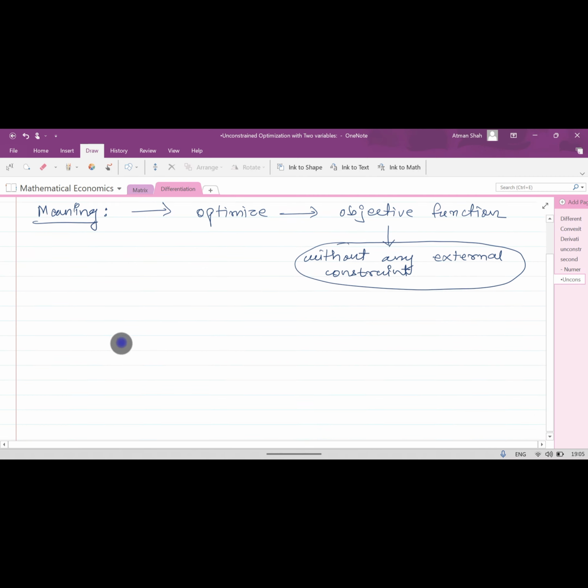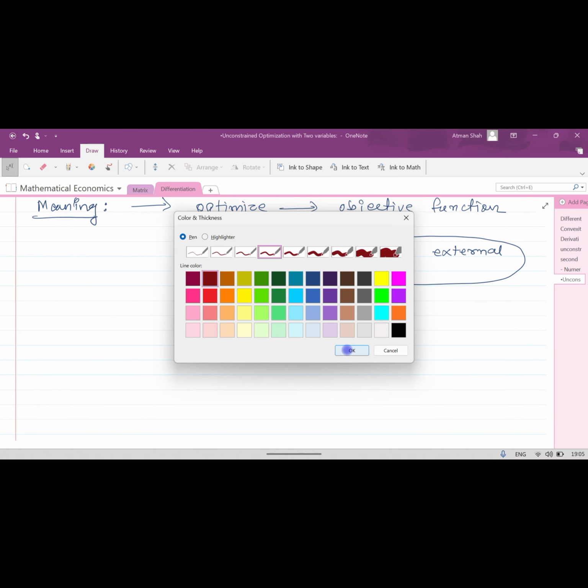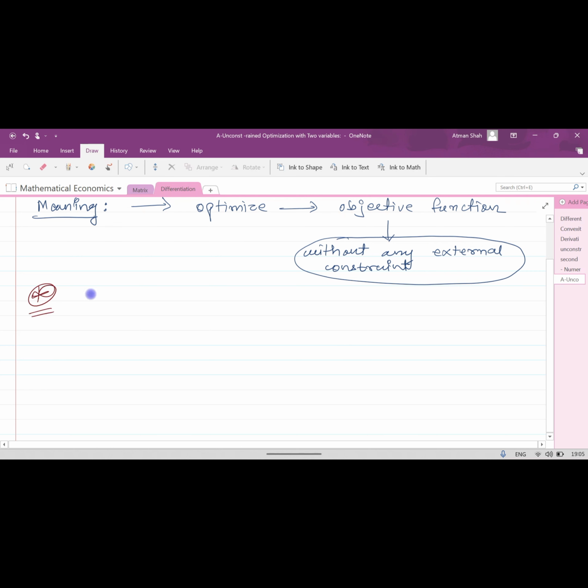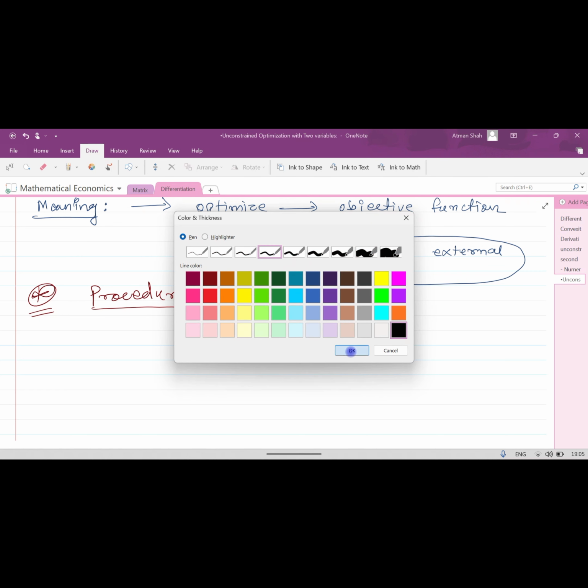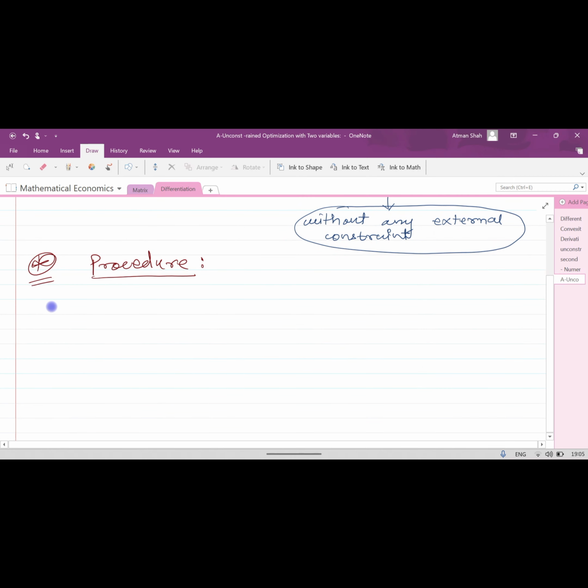So let's understand the procedure. Suppose we have the objective function z is equal to f of x and y.